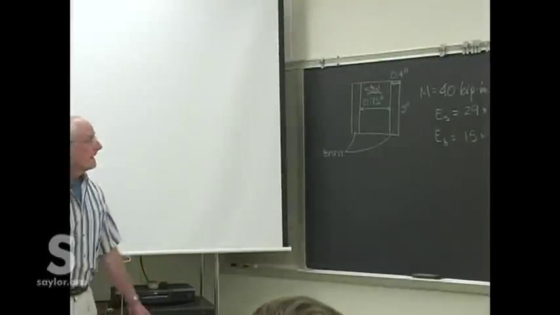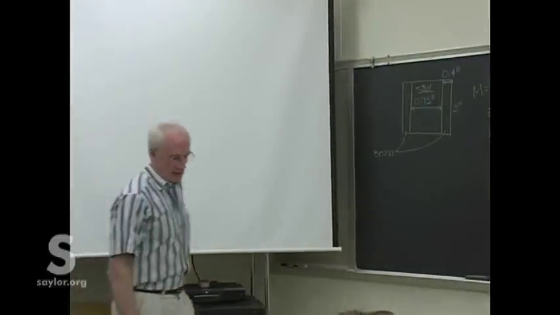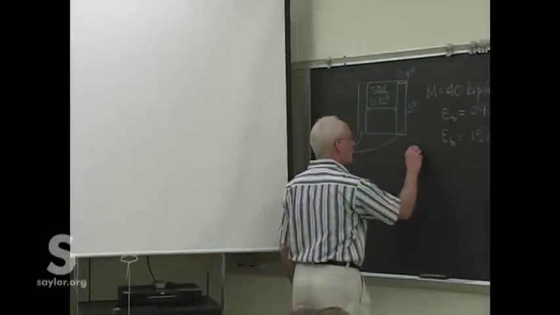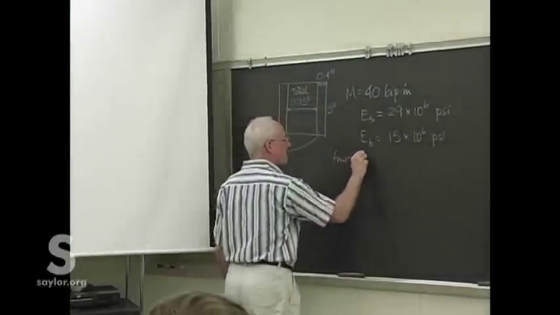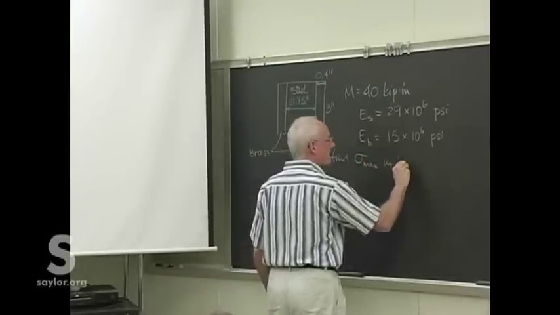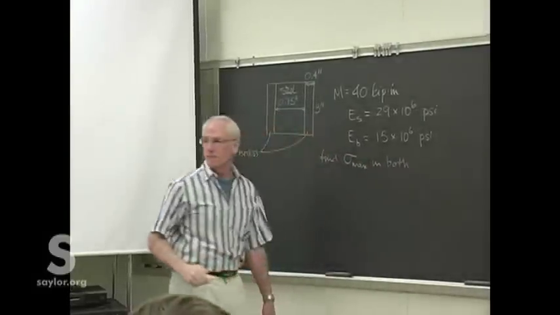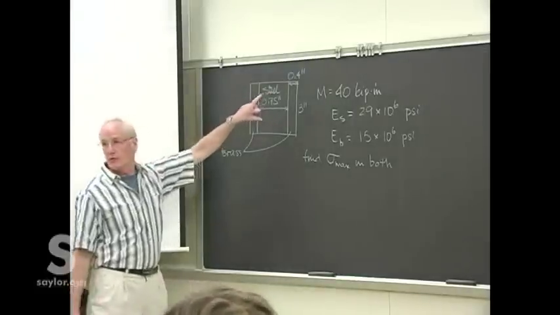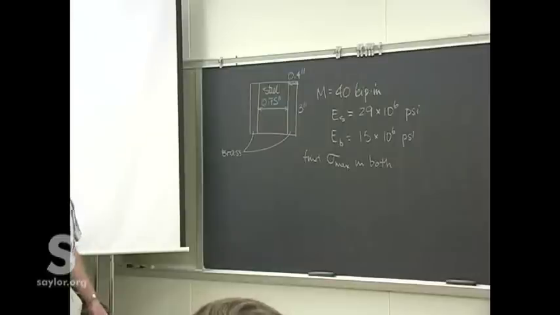All right. Find the maximum stress in either. Now, it's not a calculation we can do straight away because we can only analyze a beam of uniform cross homogeneous material.